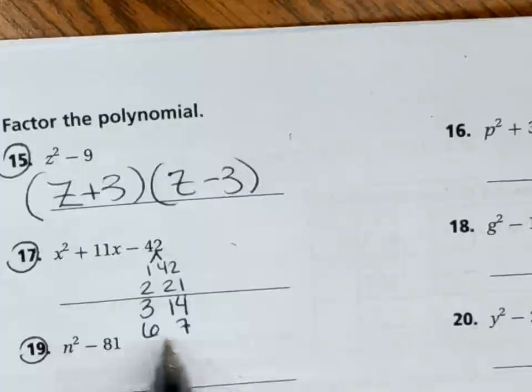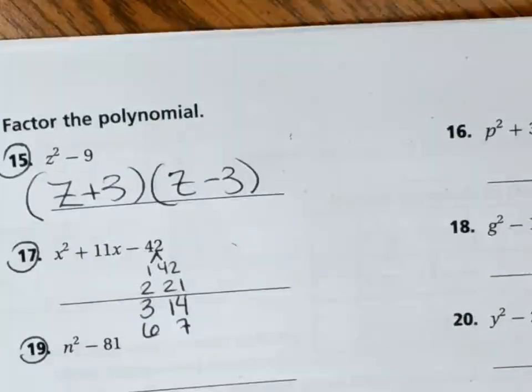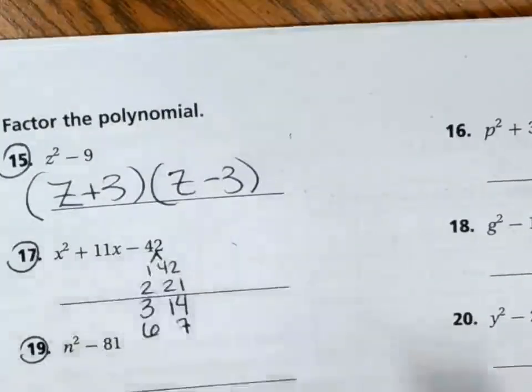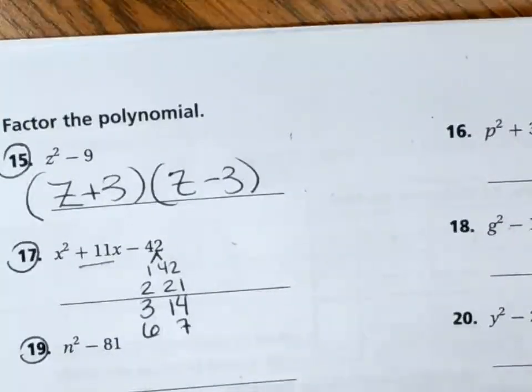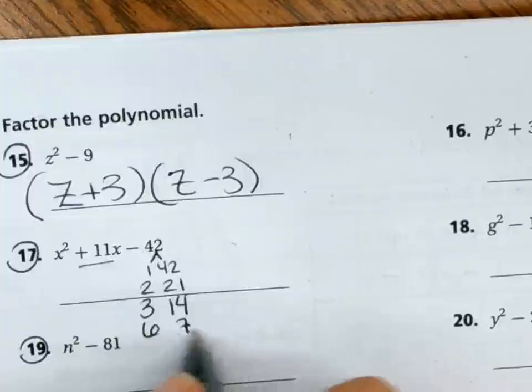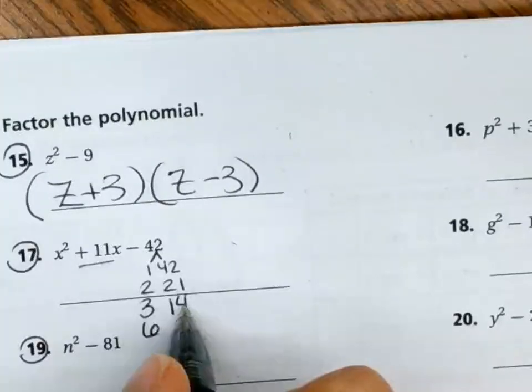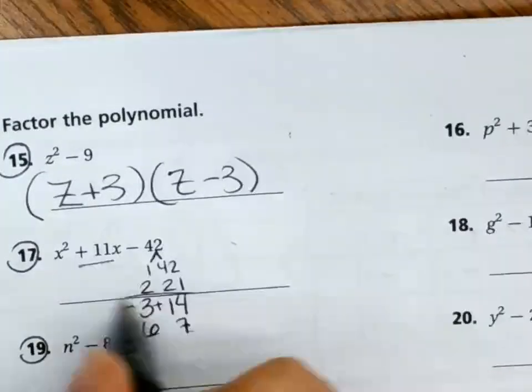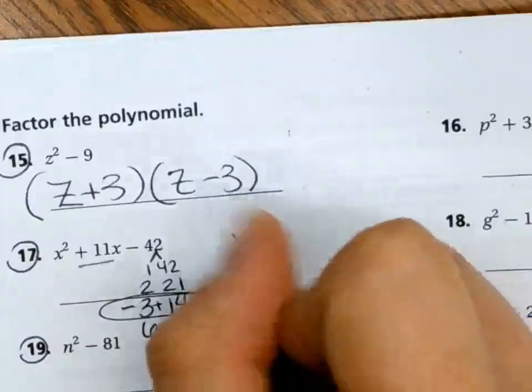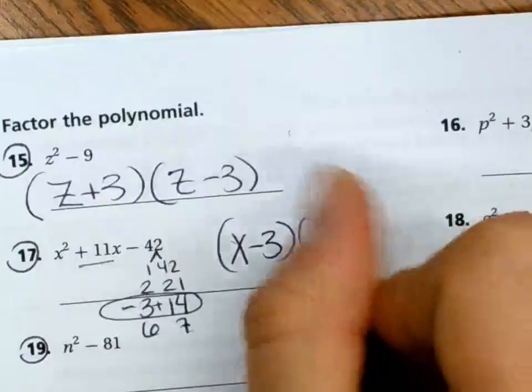Because 7 is already there. So what multiplies to negative 42 and adds to positive 11? 14 minus 3. So x minus 3, x plus 14.